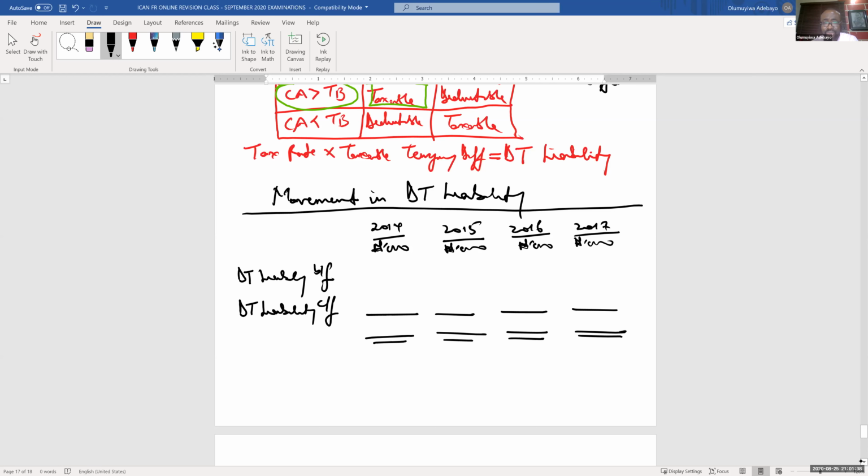Why is it zero? There's no opening balance of deferred tax liability, or we are not given one. We are not given. Okay. Is that correct? Are we given or not?